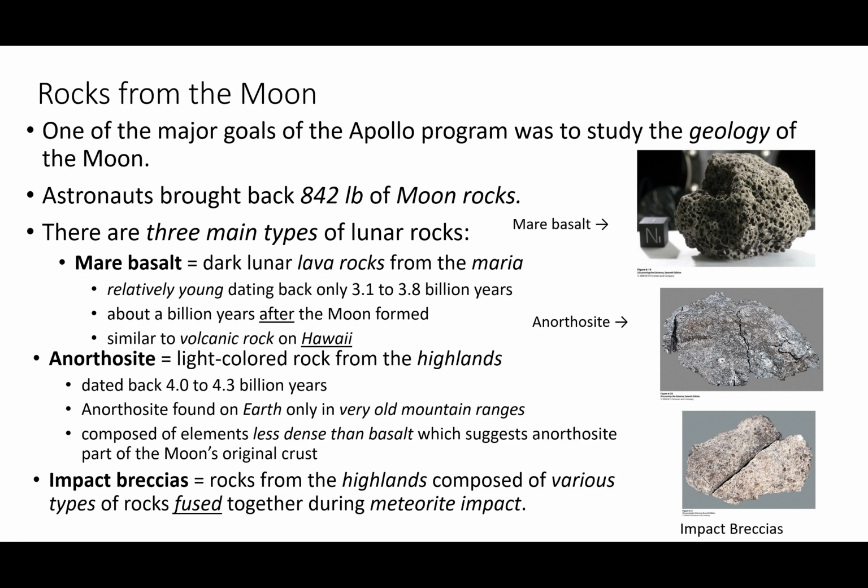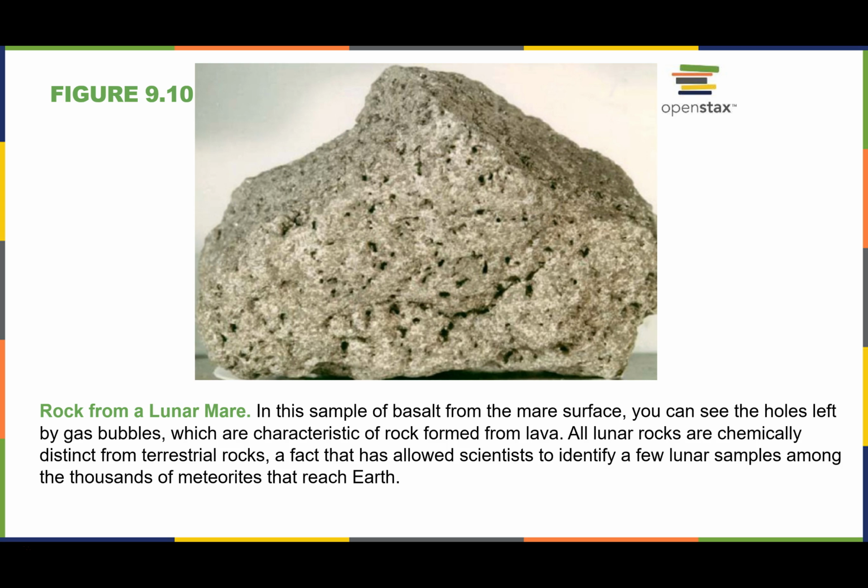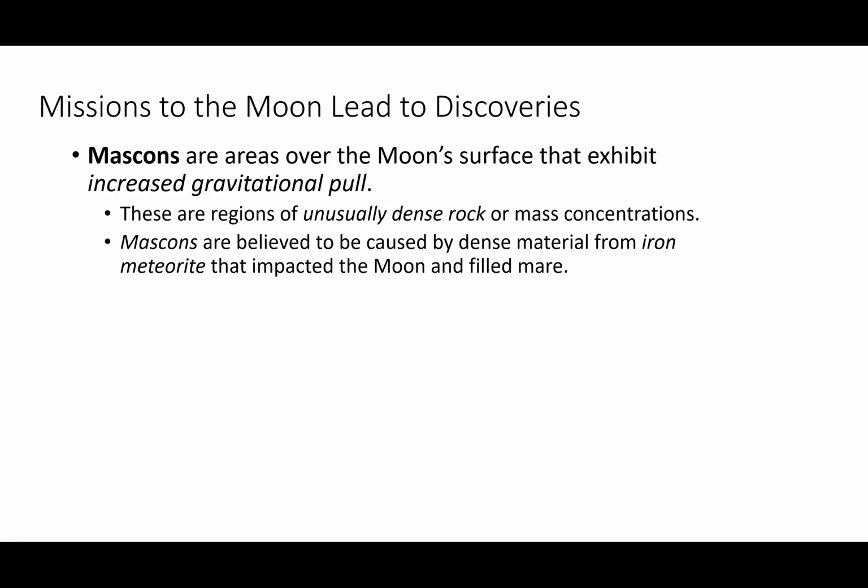Then we have these impact breccias, which we don't really have here on Earth, and the word gives it away. These were created as the moon was bombarded by meteors in its early history. Three rocks. This is a close look at one of the basalt rocks.